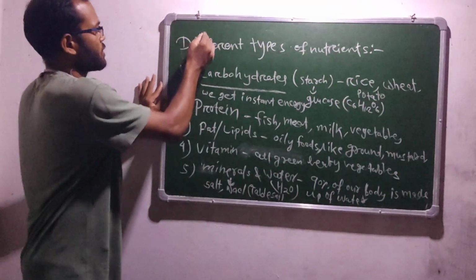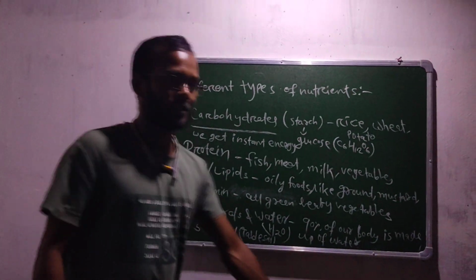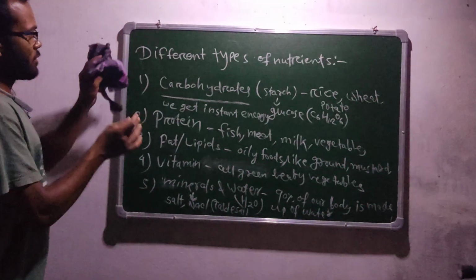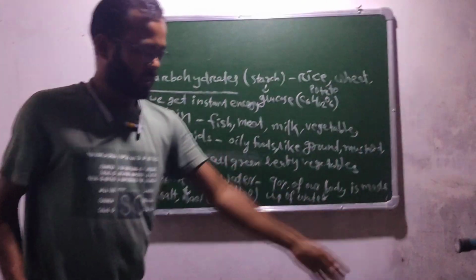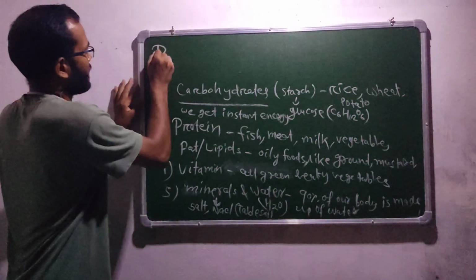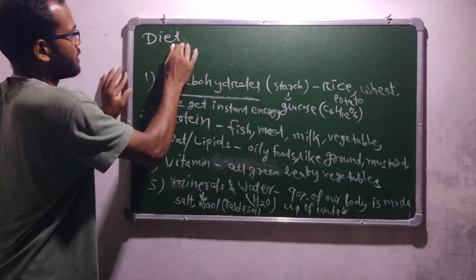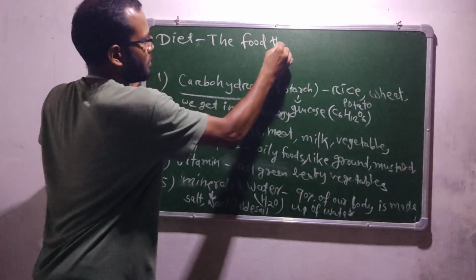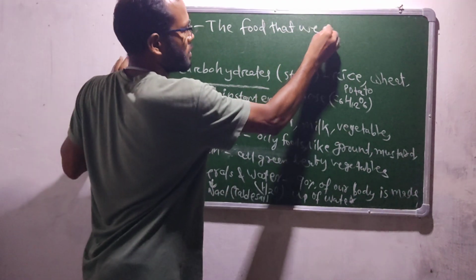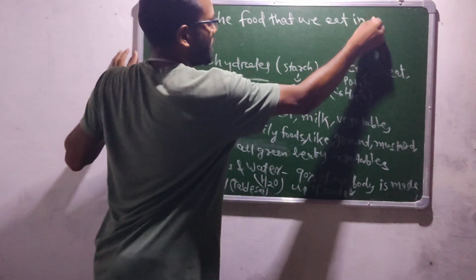And that is called a balanced diet. What is diet? First we should know about diet. Diet means what we eat in our daily life, the food that we eat in a day.